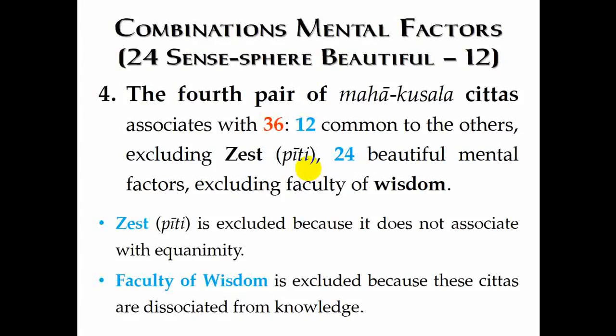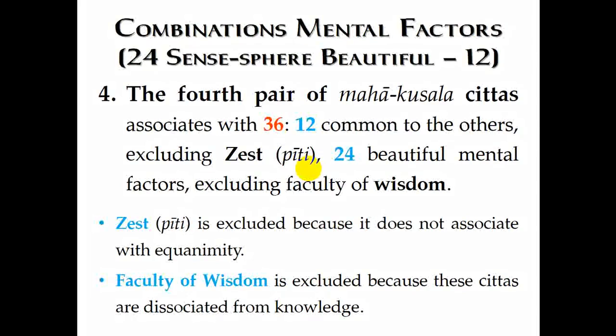Then the third pair of Mahakriya, which one will you exclude? Zest. But you have to include wisdom again, because the third pair is associated with wisdom, right? So 34. How about the fourth pair?